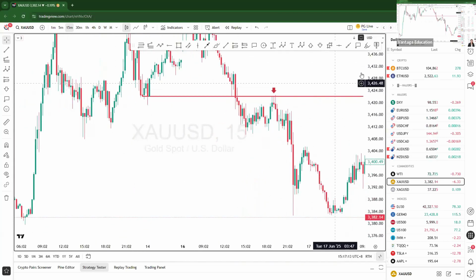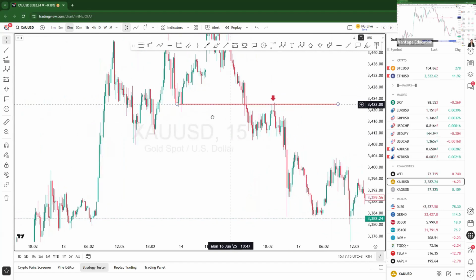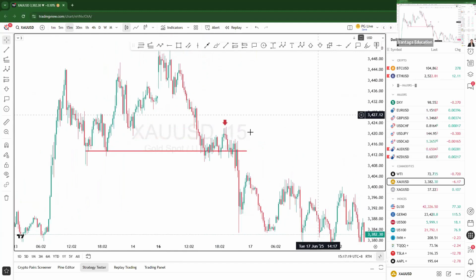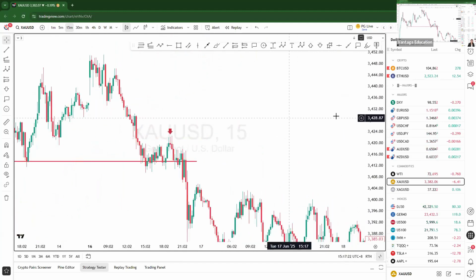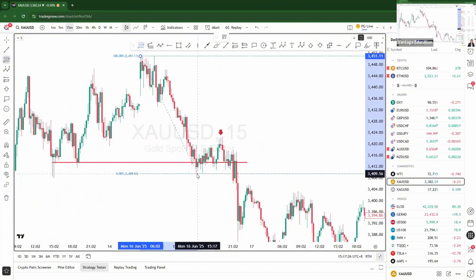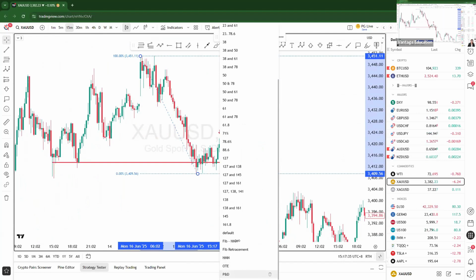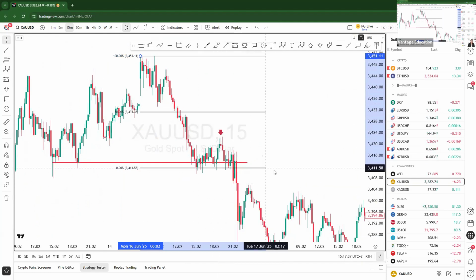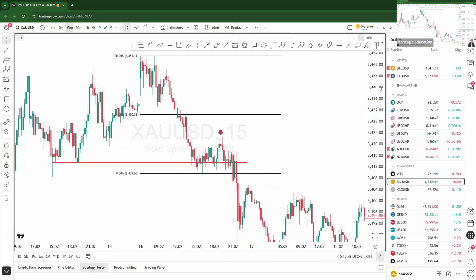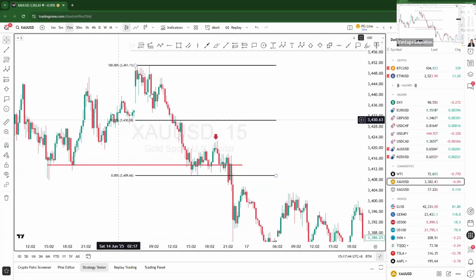Then you may ask me, hey Peggy, why don't you draw here? Always set the rules. Okay, if you want to use Fibonacci to support your analysis with support and resistance, okay, if you want to sell at the premium zone, basically you're going to sell at 50 and above, right?